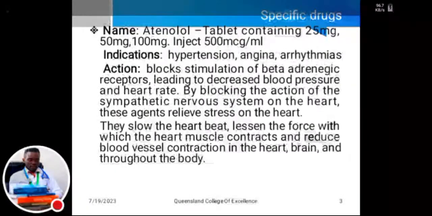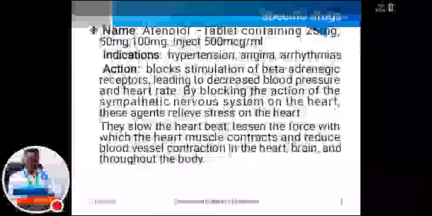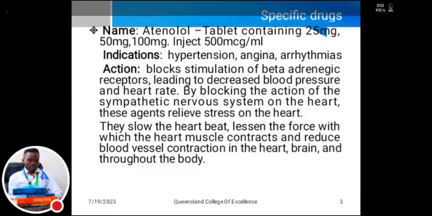What is the action of atenolol? They usually block stimulation of the beta adrenergic receptors. You remember the beta adrenergic receptors, they just block them. When they block the stimulation of beta adrenergic receptors, it leads to decreased blood pressure.